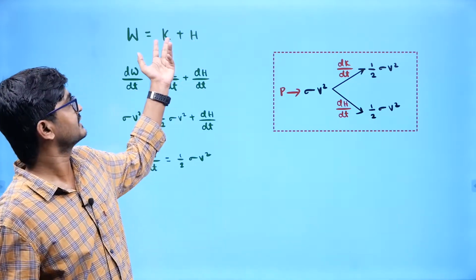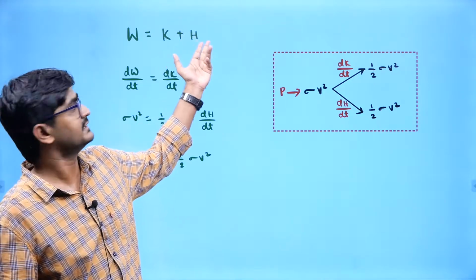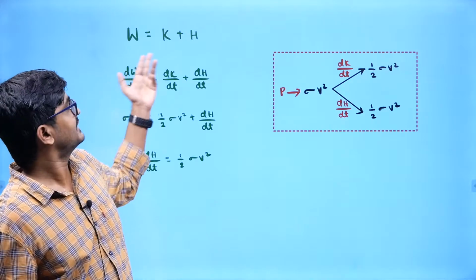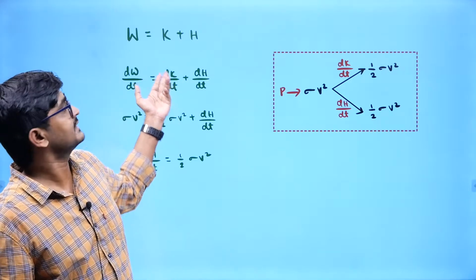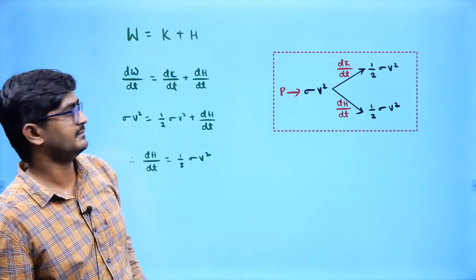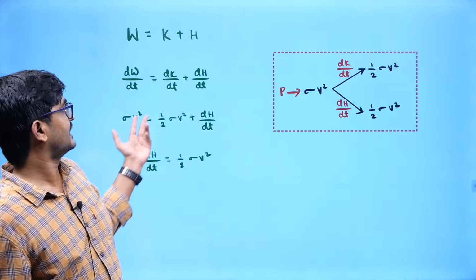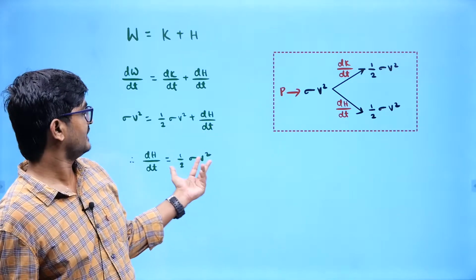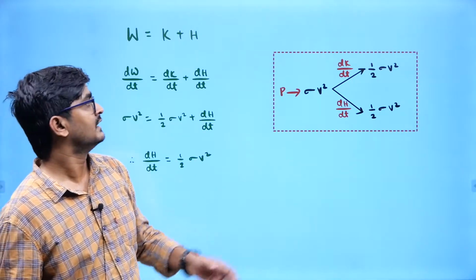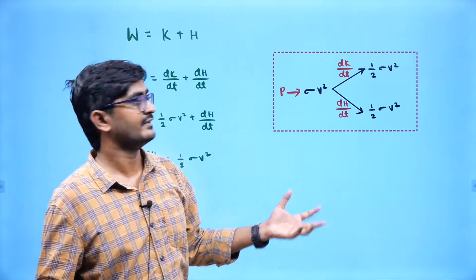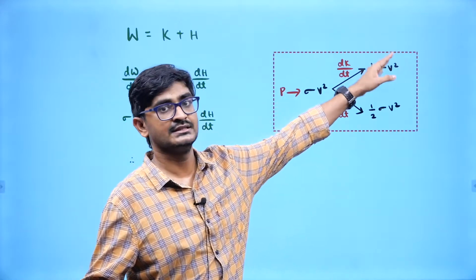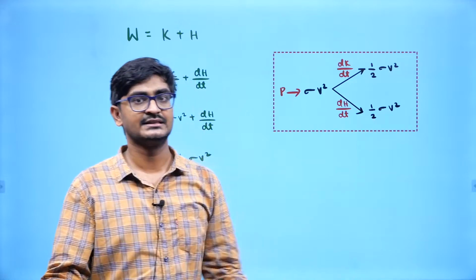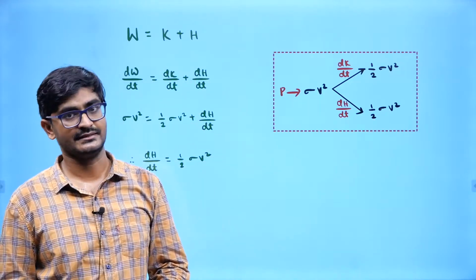So the rate at which we are doing work must be converted either into the rate at which kinetic energy is increasing or the rate at which heat is dissipated. This is sigma v square we calculated, this is half sigma v square we calculated. So the leftover will turn out to be half sigma v square. Out of the sigma v square power we are giving, half is converted into incremental kinetic energy per unit time, and the remaining half is dissipated as heat per unit time.